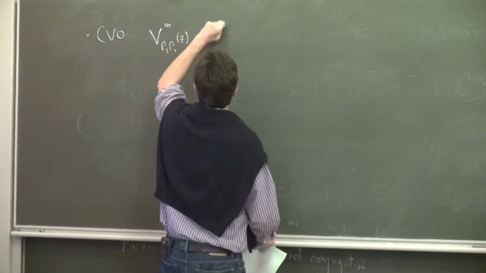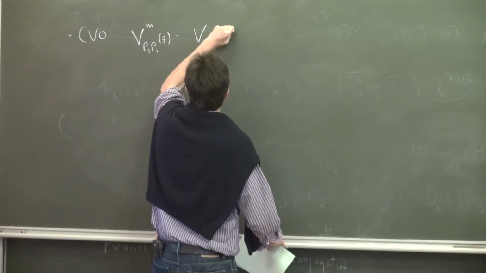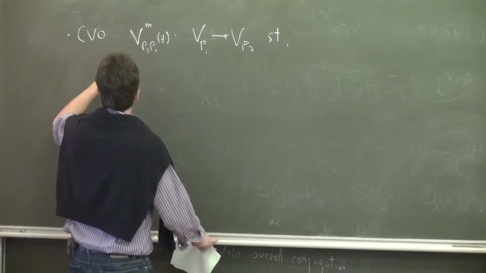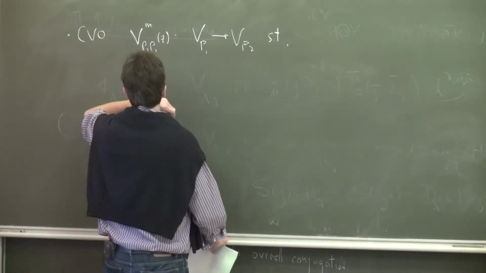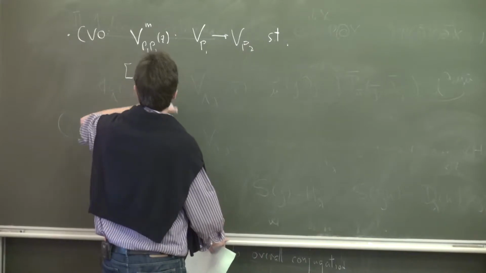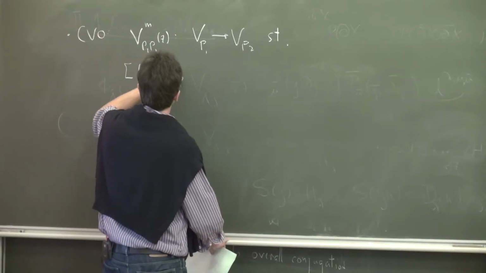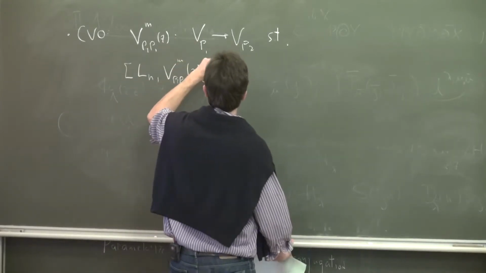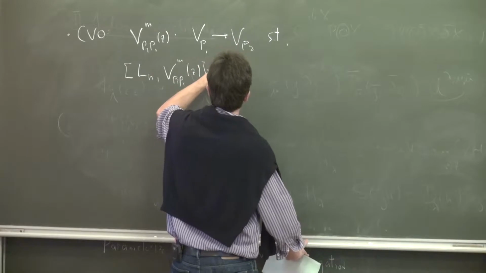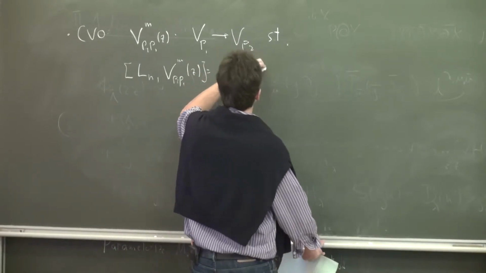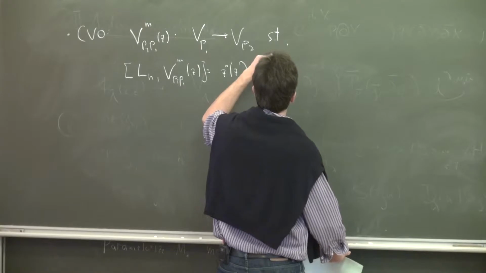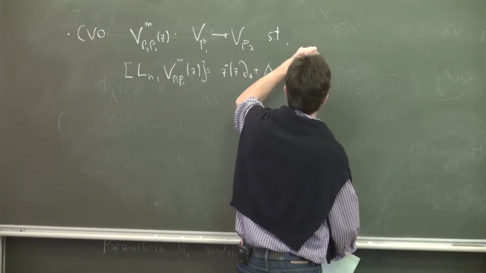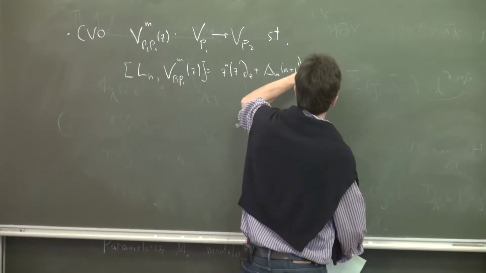This is a map from representation Vp1 to Vp2 such that it satisfies the commutation relation, or the intertwining property: the commutator of Ln with V P2 P1 of z equals z to the n times z d/dz plus delta n plus 1 times V P2 P1 of z.